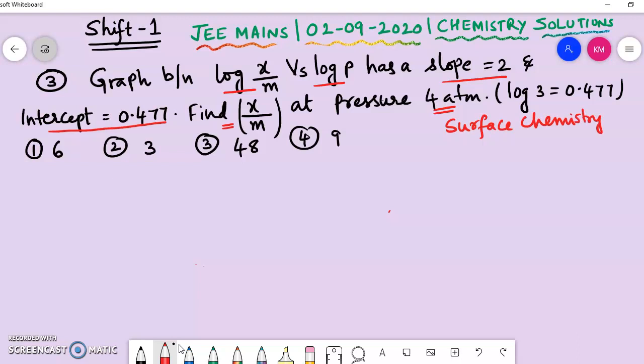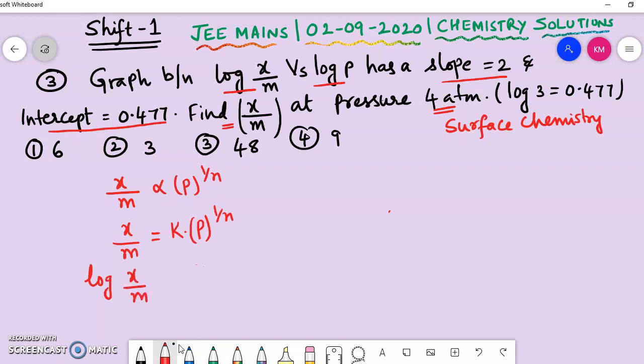Right? As you know, guys, x by m is proportional to p raised to 1 by n. So Freundlich adsorption isotherm equation x by m is equal to k into p raised to 1 by n, right? Logarithmic form, if you see, log x by m is equal to log k plus 1 by n log p, right?